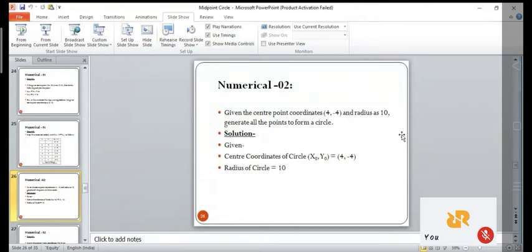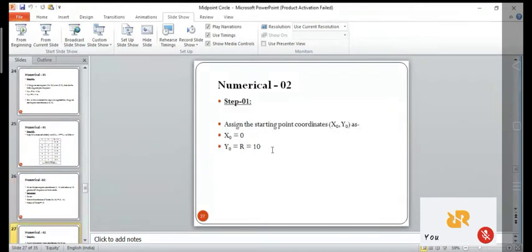The rest of the question is similar to the previous one. In this also the radius is 10. So the steps 1 to 3 that we had seen in the previous question are going to remain as they are. The center coordinate is 4 comma minus 4, and the radius is 10.